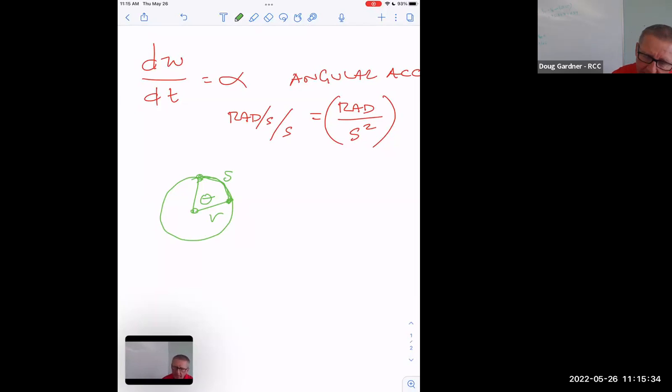It turns out all you have to do is take theta and multiply it by r, and that will give you that arc length. For some reason that looks backwards, so I'm going to turn it around: r times theta.